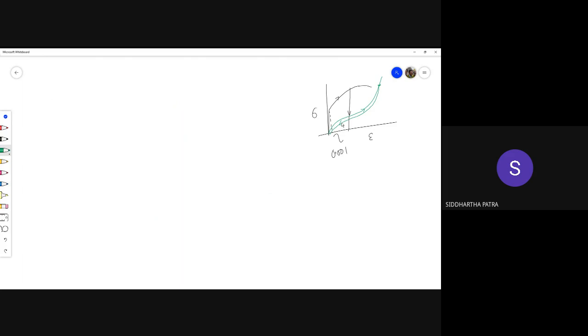Now, what has this to do with the loading path? If the loading and the unloading curves are exactly the same, then the material is perfectly elastic. Why so?